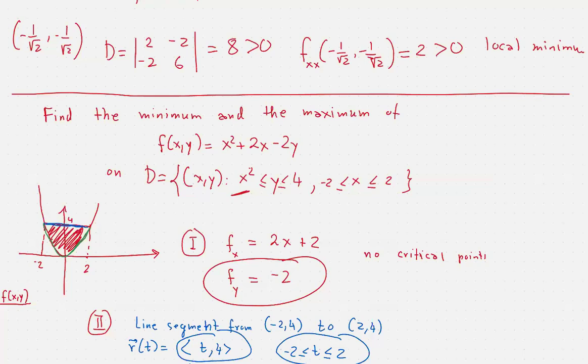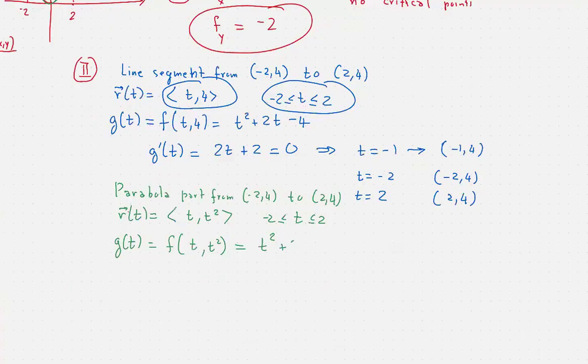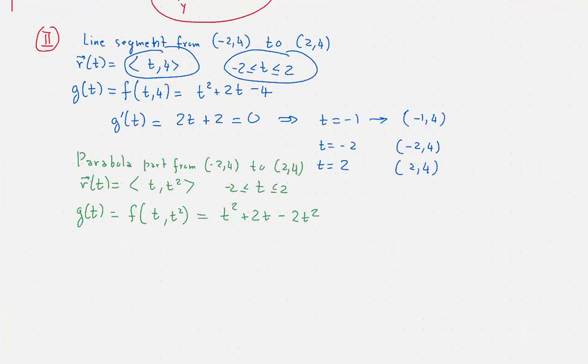So this will give us t squared plus 2t minus 2t squared. Okay? So let's simplify this. This is the same thing as minus t squared plus 2t. And let's find its derivative. And its derivative is -2t plus 2. And if we set it equal to 0, we get t equals 1.